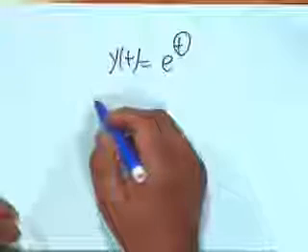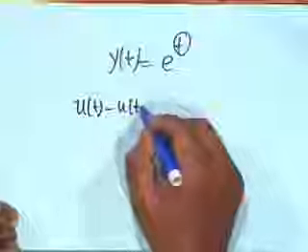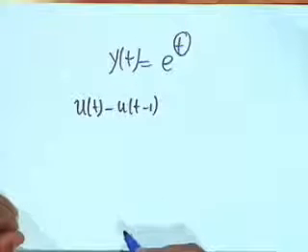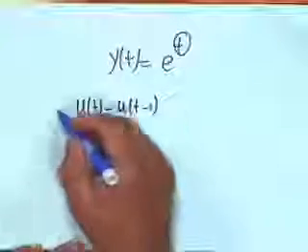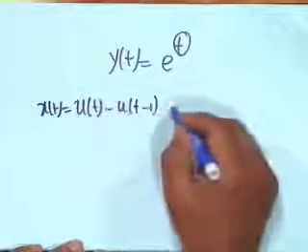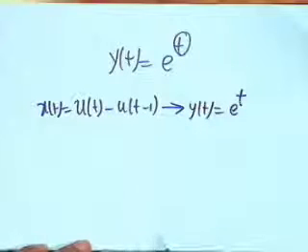All right, maybe the input is, let's say, u of t minus u of t minus 1, maybe a simple gate between t equal to 0 and t equal to 1. If this leads to x of t equal to this, if this leads to y of t equal to e to the t, what shall you call this system? Is it stable or unstable?